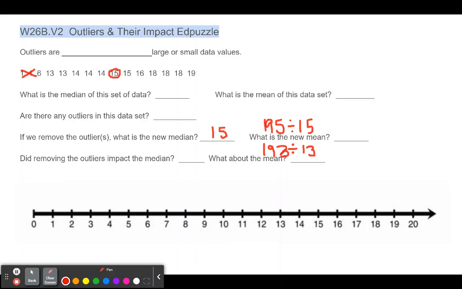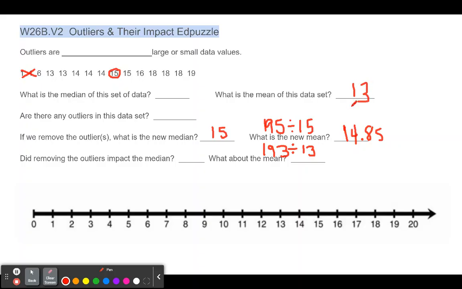So let me go to my calculator here. 193 divided by 13. It's going to give me approximately 14.85. So it did impact both, right? Because our mean in our original data set was 195 divided by 15. It was 13.